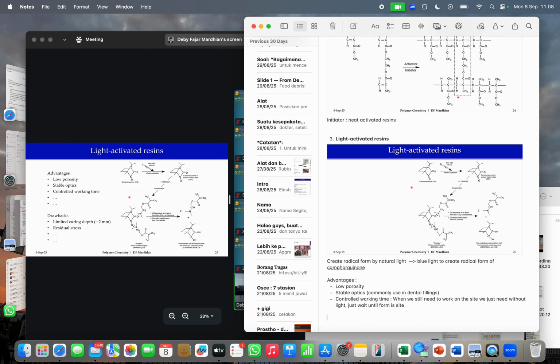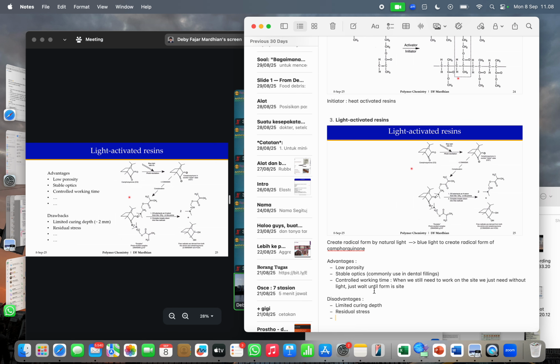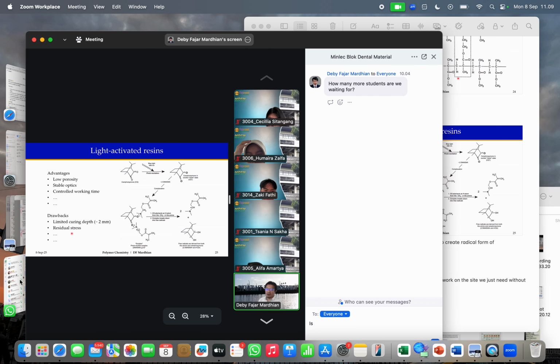And if we do not control the application of this light activated resin, when we add too much resin in one go, which creates bulky material, once we apply the light to initiate the reaction, since the original form without activation is so large, they will undergo shrinkage, which further creates residual stress.